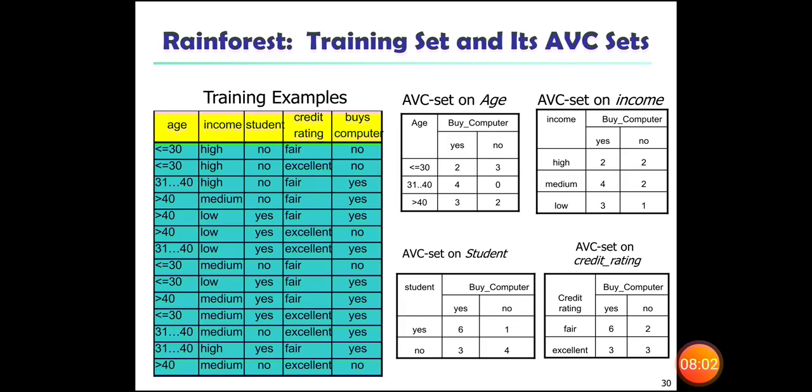In credit rating, again we have two different statuses, either fair or excellent. If he is fair, what is the status of buying computer? If he is excellent, what is the status in buys computer? So the details are given as an example.